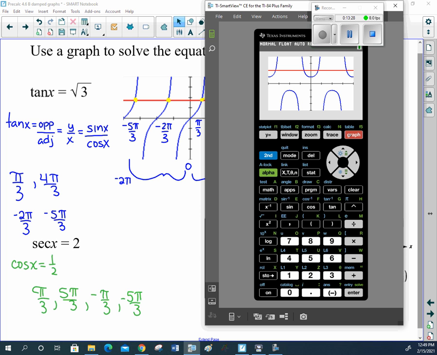And we can see our answers. We've got 1, 2, 3, 4. And that's what we found when we went around the unit circle. So it's matching. So you can use your unit circle and you can use your graphing calculator to show that that's equivalent.